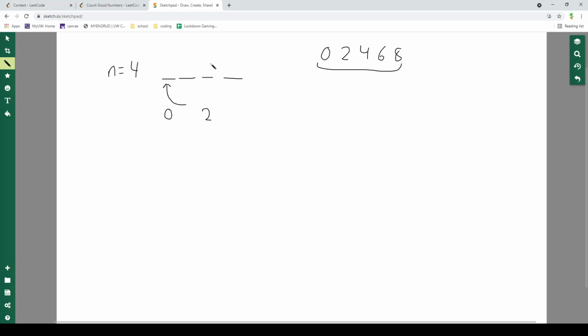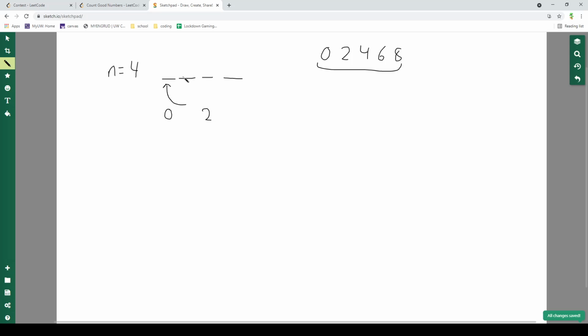To understand the solution, we need to first figure out how to calculate this mathematically. So if we have a restriction of n equals 4, let's just say hypothetically, we know we will be looking for digit strings of length 4. We know at even indexes there will be options to put a 0, because leading zeros are allowed, 2, 4, 6, and 8. Those are all the digits that can appear at even indexes, so index 0, index 2, etc. So there are 5 options every time.